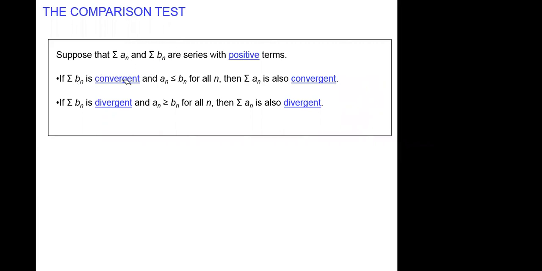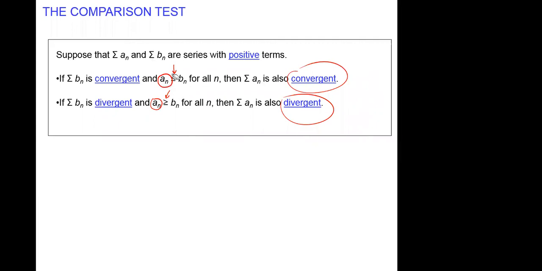If b sub n is convergent, that means everything that is smaller is also convergent. Or if the series b sub n is divergent, everything that is bigger, greater, is also divergent. Like greater than infinity. I don't know if I can say it this way, but I always picture it this way. That's the way that we can compare.